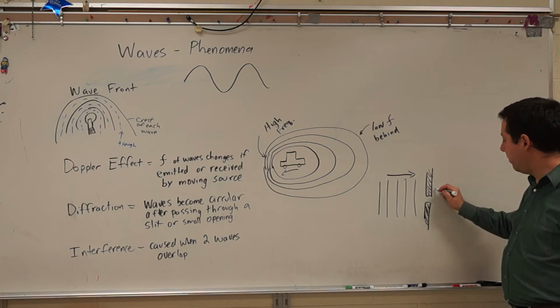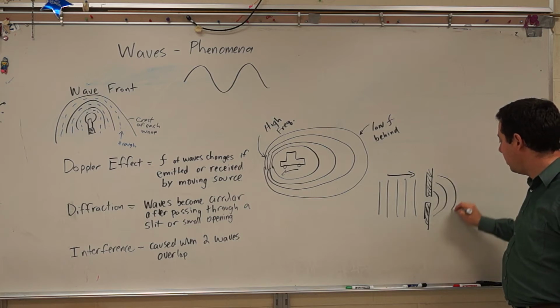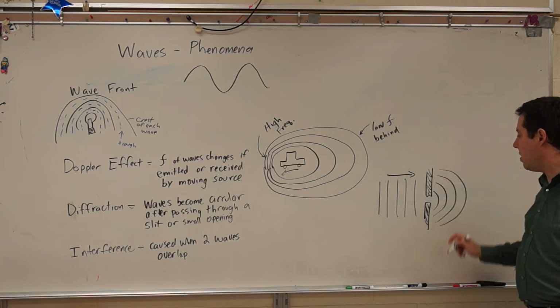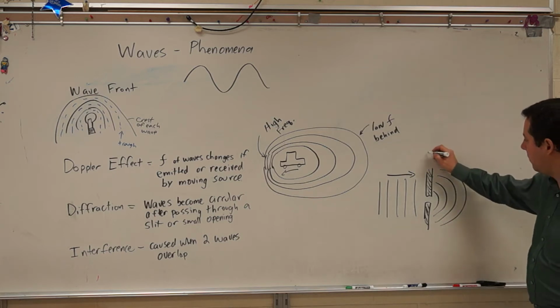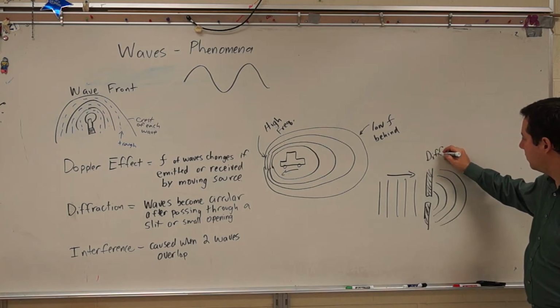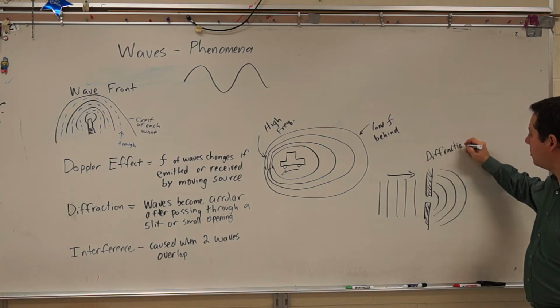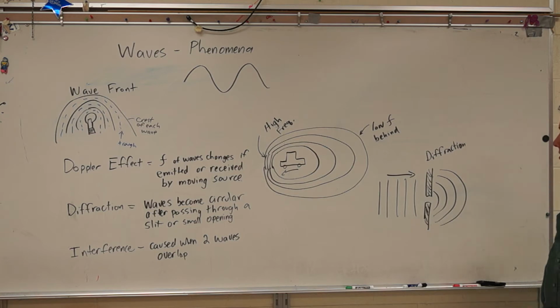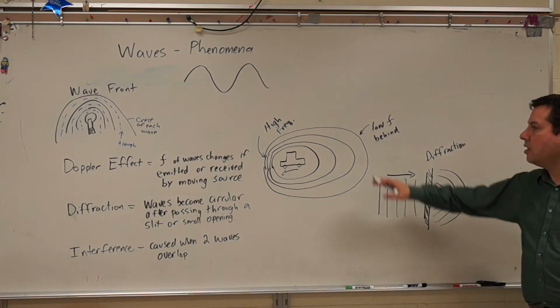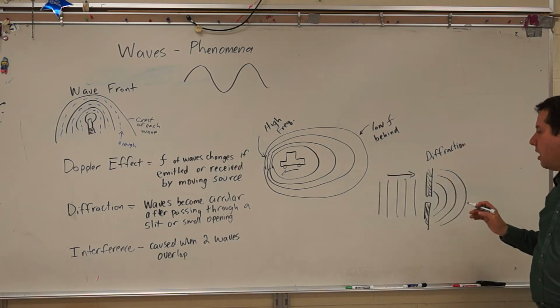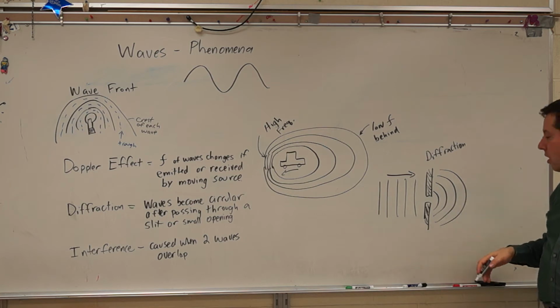When the wave front hits that slit, it changes shape and becomes circular. So that is diffraction right there. And you're going to want to put some of these pictures into your illustrations. So two D words that are easy to mix up but have totally different results.